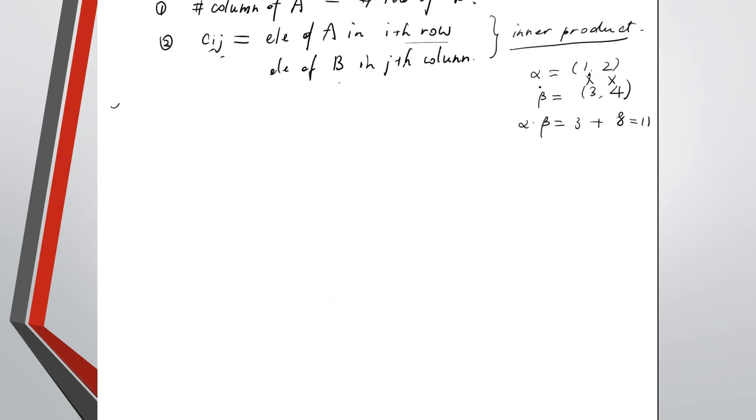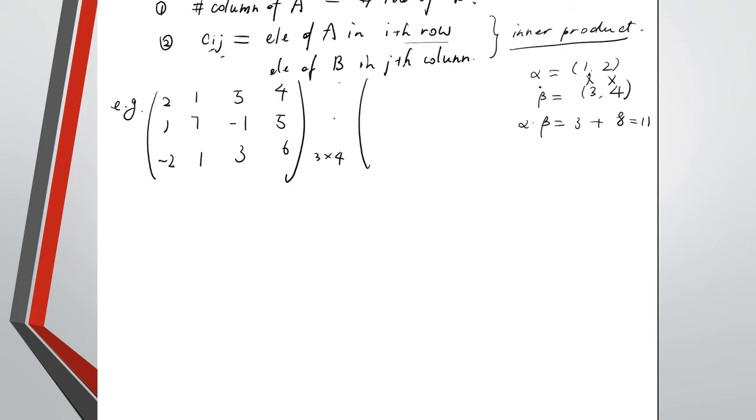So here, we're going to have one example. I will write an arbitrary matrix for you, which is a 3 times 4 type of matrix, meaning we have 3 rows and 4 columns. And this time, we're going to let this matrix multiply a matrix which has 4 rows.